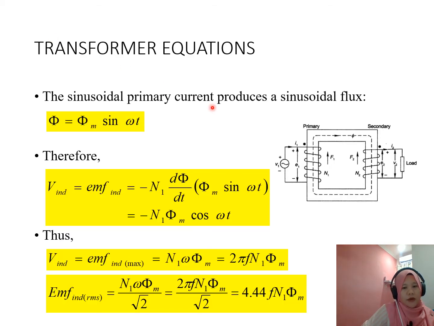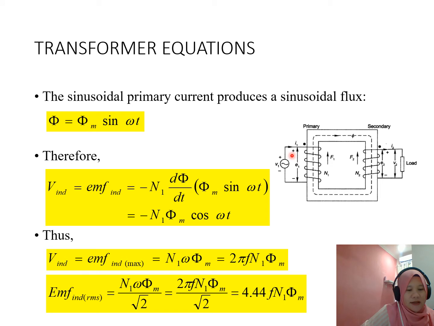Okay, so the ideal transformer can be seen in this figure. The magnetizing current will flow through the primary windings when it is connected to the AC voltage. So this magnetizing current is lagging the voltage by 90 degrees.